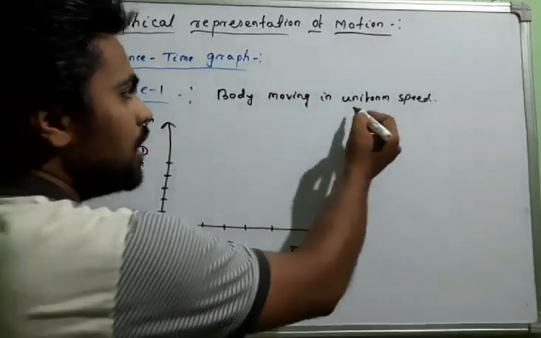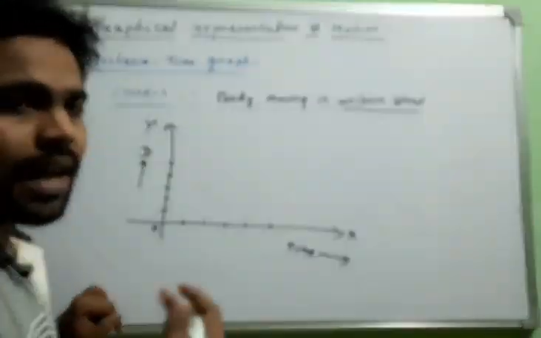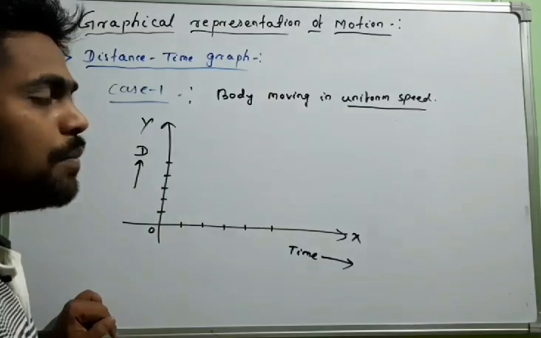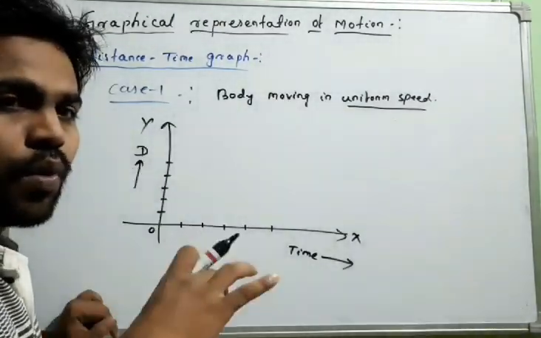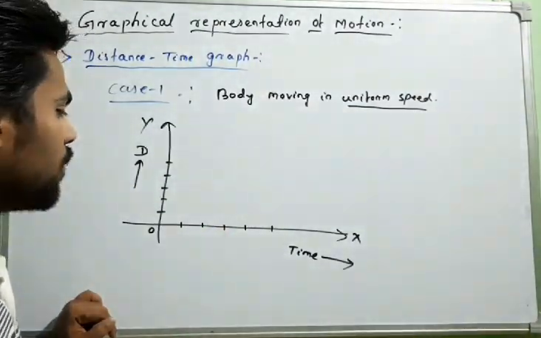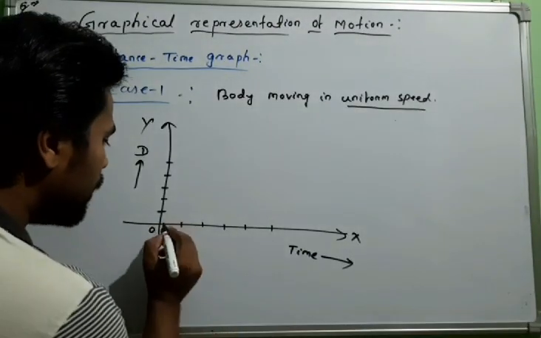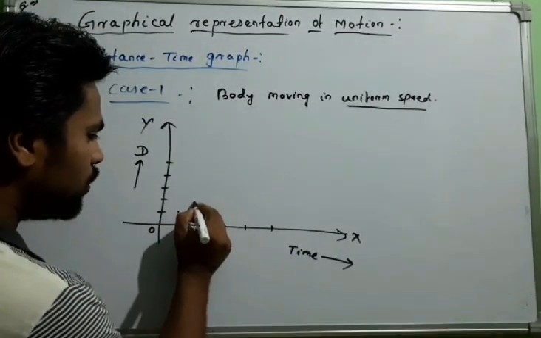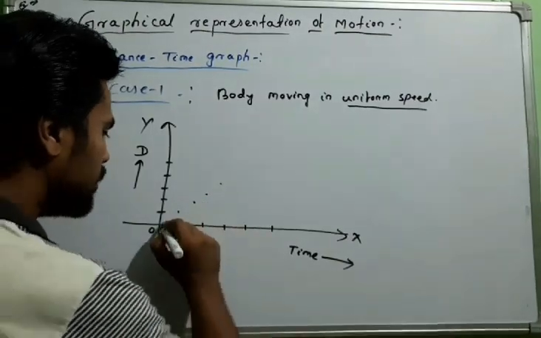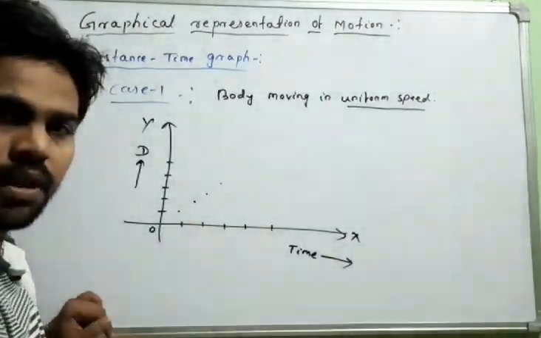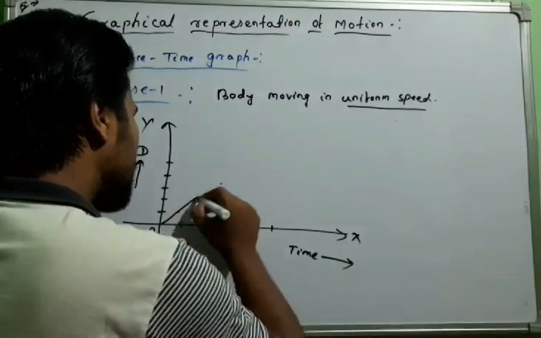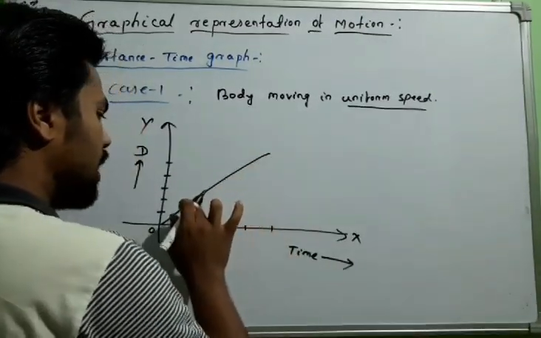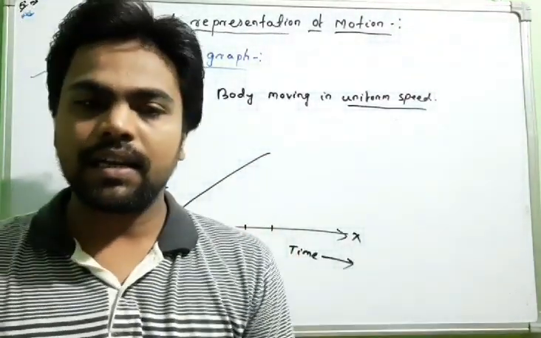When a body is traveling at uniform speed, it will travel equal distance in equal intervals of time. If a body travels 1 meter in 1 second, then 2 meters in 2 seconds, 3 meters in 3 seconds, like this. This is equal distance in equal interval of time. Then the graph will look like a straight line.